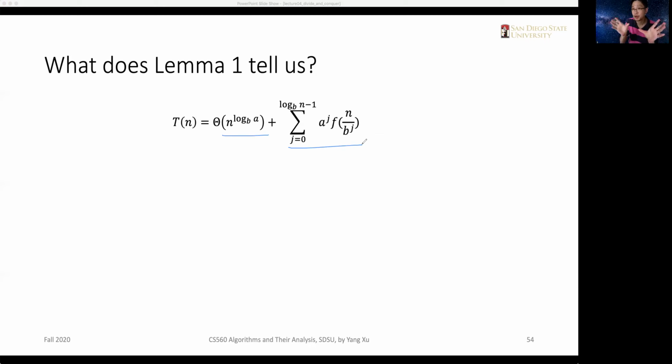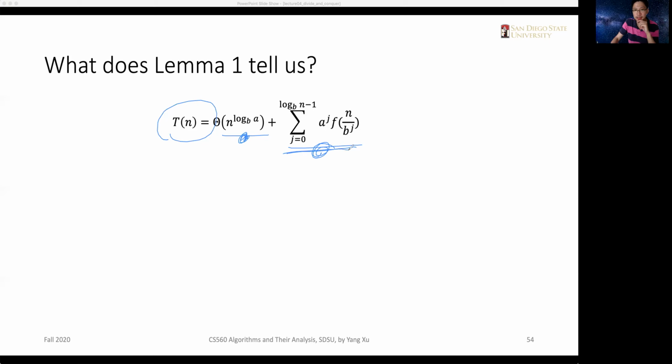Whichever part is of higher order will determine the property of the solution. If this part is of higher order, then it is the determining term. Well, I would not say it's an easy step, but the idea is clear.